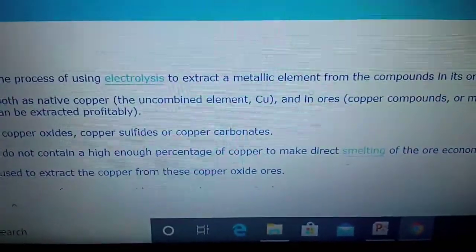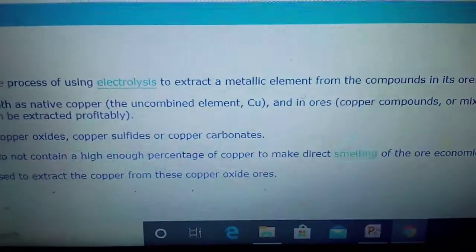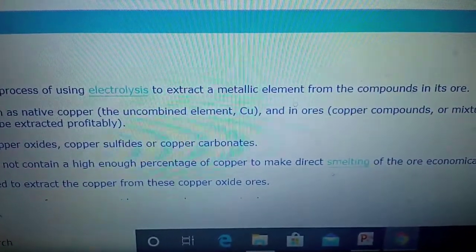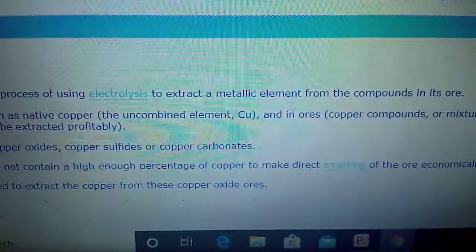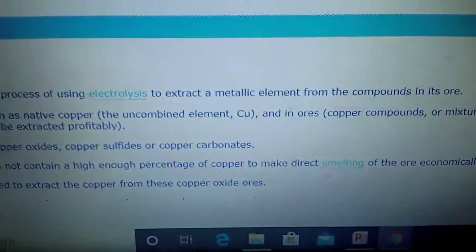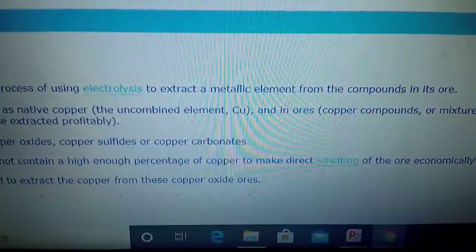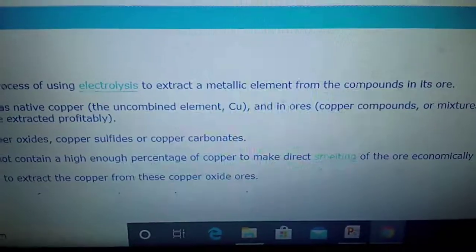So a metal is extracted from its compound, but that compound is in the form of an ore. For example, if you are extracting chromium from its compound during electroplating of chromium, or nickel from its compounds during electroplating of nickel, that is a different process, because in that case these are compounds but not ores.